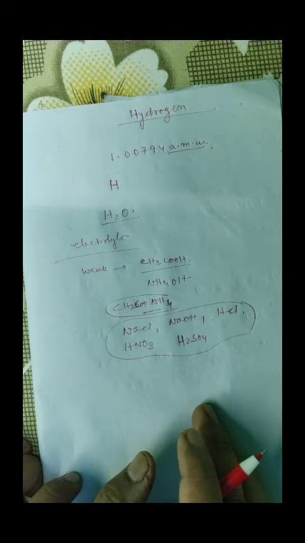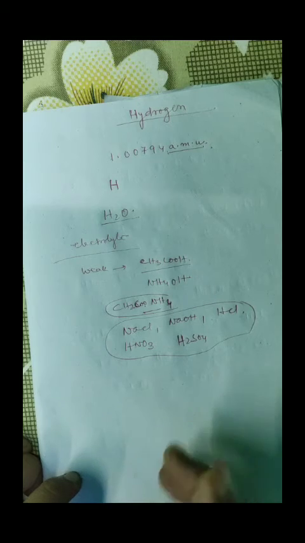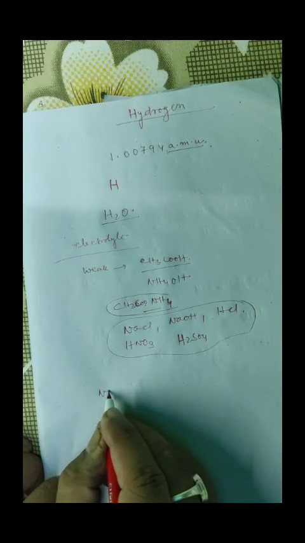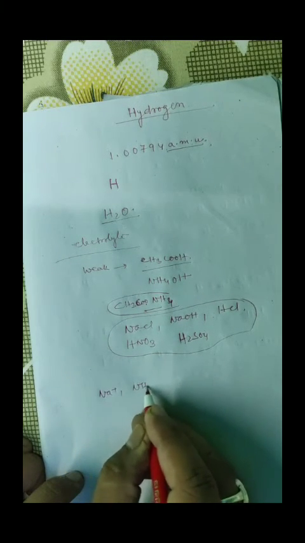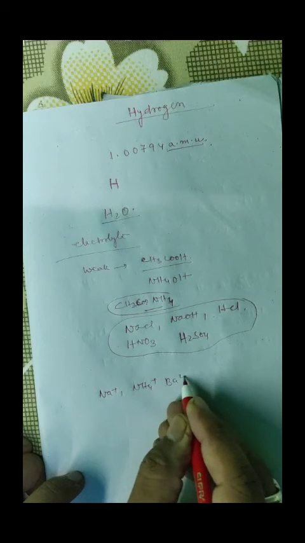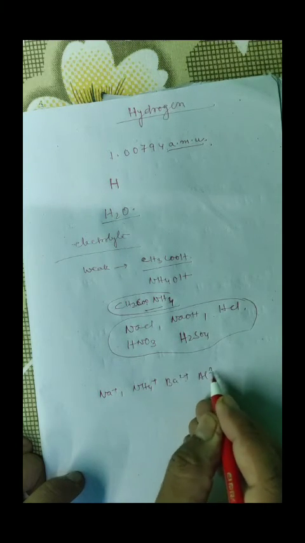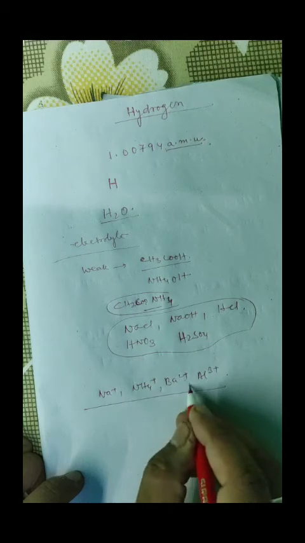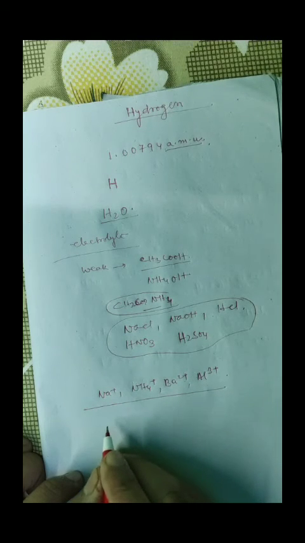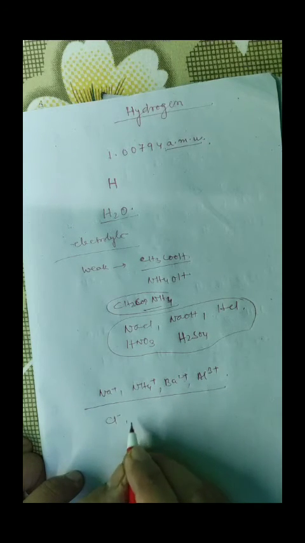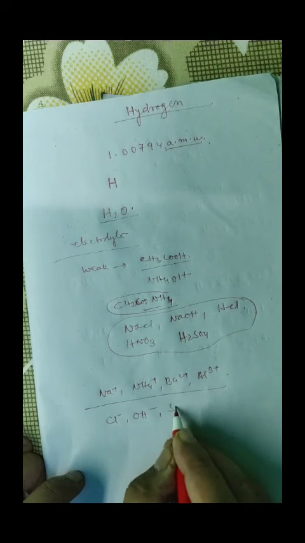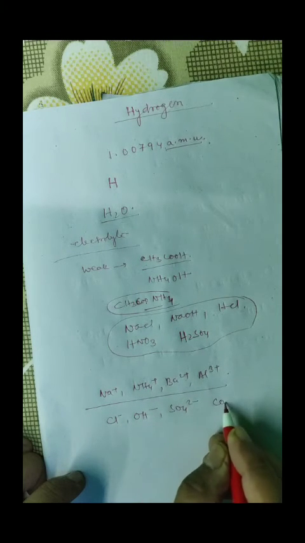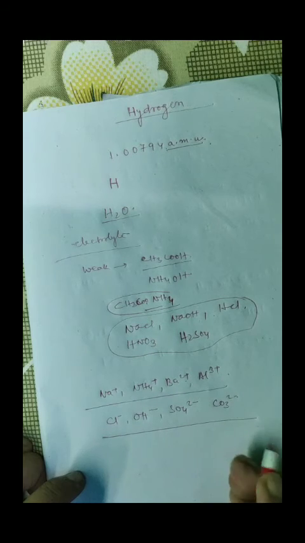Cations move towards the cathode, anions move towards the anode. Examples of cations are Na+, NH4+, Ba2+, Al3+. Some examples of anions: chloride ion, hydroxyl ion, sulfate ion, carbonate ion. Getting understood?